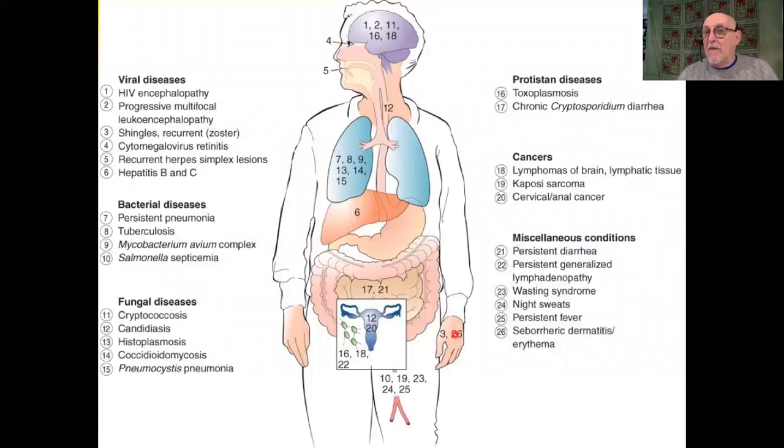So I'm not going to run through the whole list of diseases associated with the collapse of the immune system, but you can see that there are many, many different things which normally would cause us no problem at all. Some of them I have mentioned. For example, people often begin to suffer from recurrent shingles.